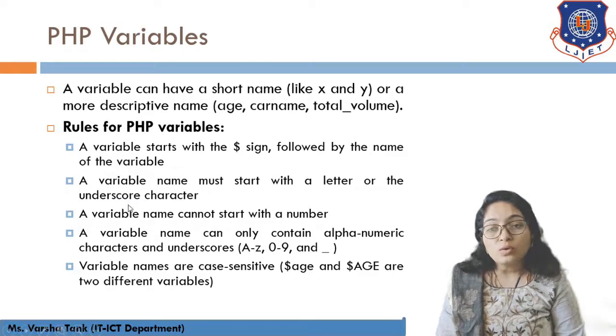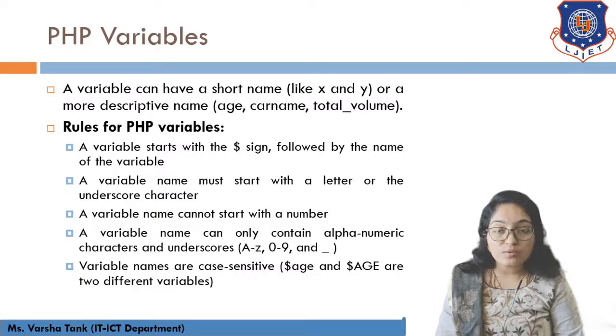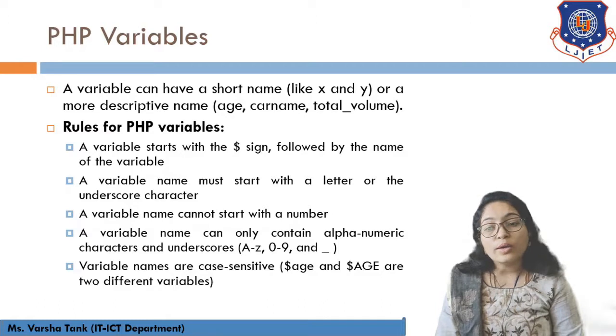Now, what are the rules for defining PHP variables? Some of them are written here. A variable starts with the dollar sign. Whenever you are creating a PHP variable, you first have to use the dollar sign, followed by the name of the variable.